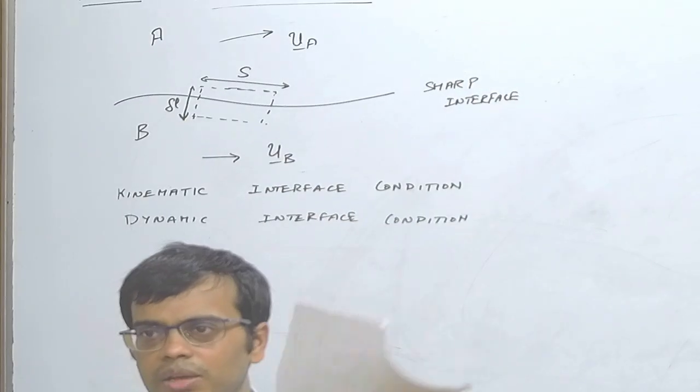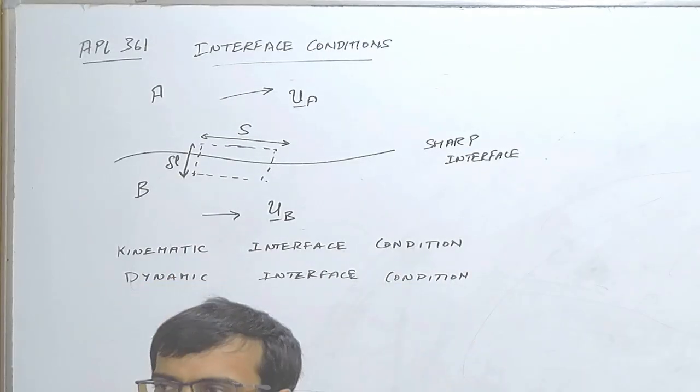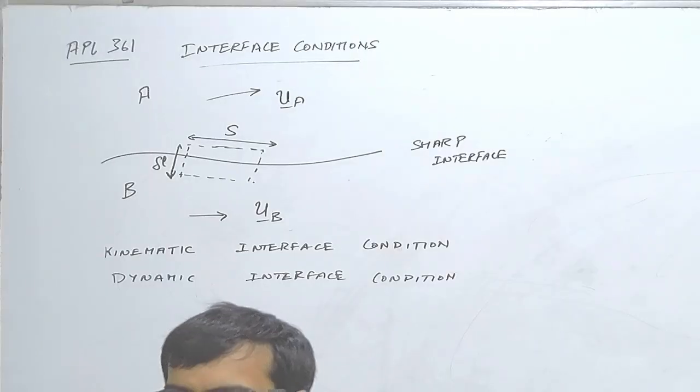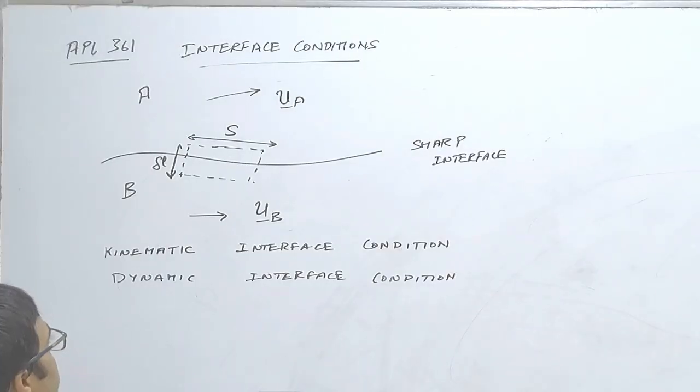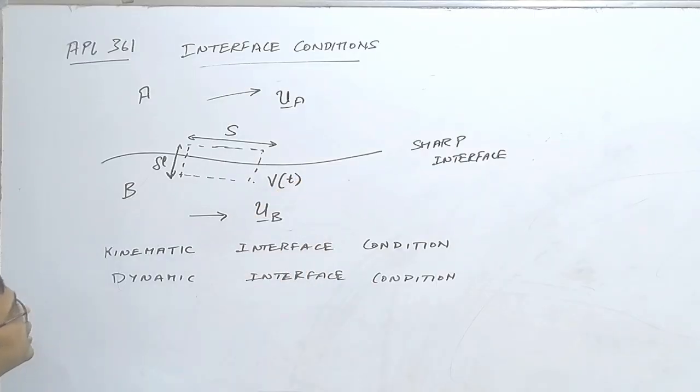So this control volume is moving with the interface and deforming. It is not fixed, neither the volume is fixed, nor is it fixed in space. So it could be translating, rotating, deforming, anything. Okay, so this is V of t.